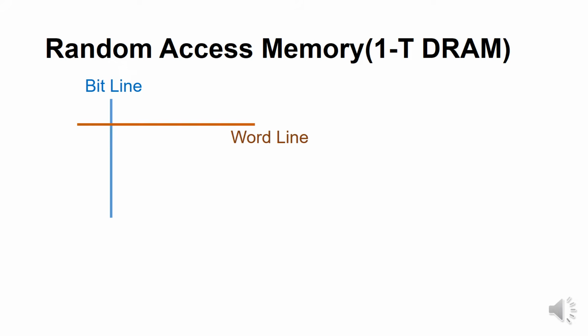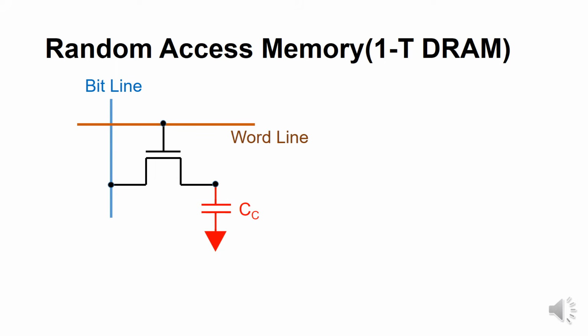To write any data, data is supplied through the bit line, and to read any data, data is read through the bit line. Then we require one n-channel MOSFET. The gate of the n-channel MOSFET is connected to the word line and the drain of the n-channel MOSFET is connected to the bit line. We require one cell capacitor which is responsible to store the information.